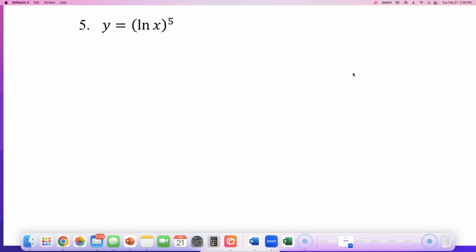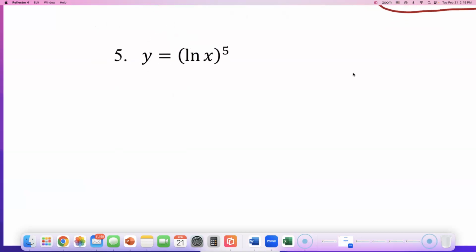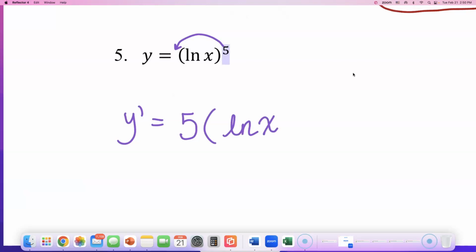So we have y equals natural log of x is getting raised to the 5th power. Take a look. I will take the derivative of this by bringing down that 5 to the front and have 5 times natural log of x raised to the what power?